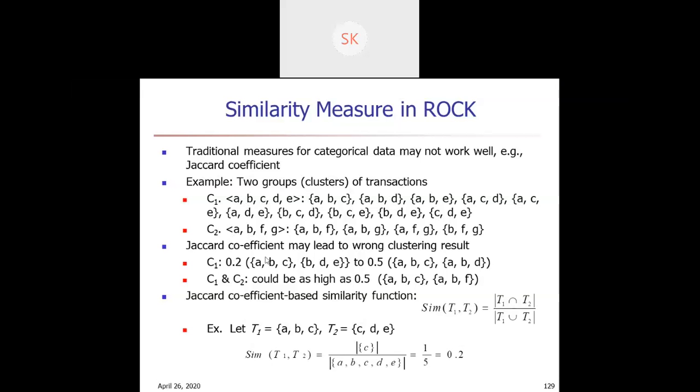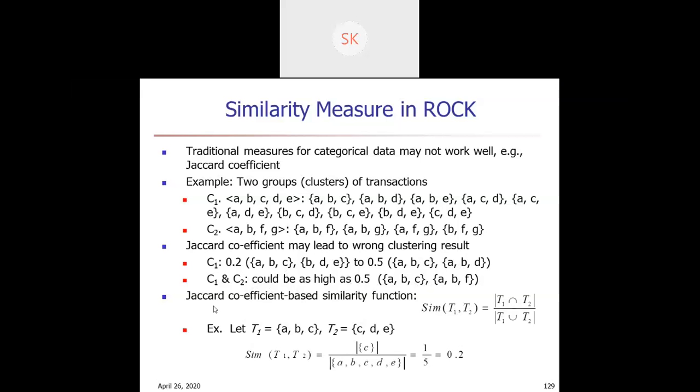Now, the Jaccard coefficient may lead to the wrong clustering result. Within C1 the similarity is 0.2 for ABC and AD up to 0.5, while across C1 and C2 it could be as high as 0.5 for ABC and ABF.